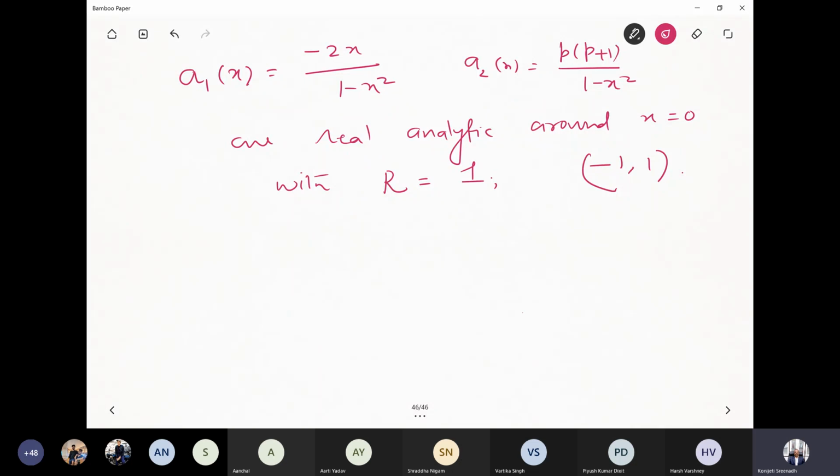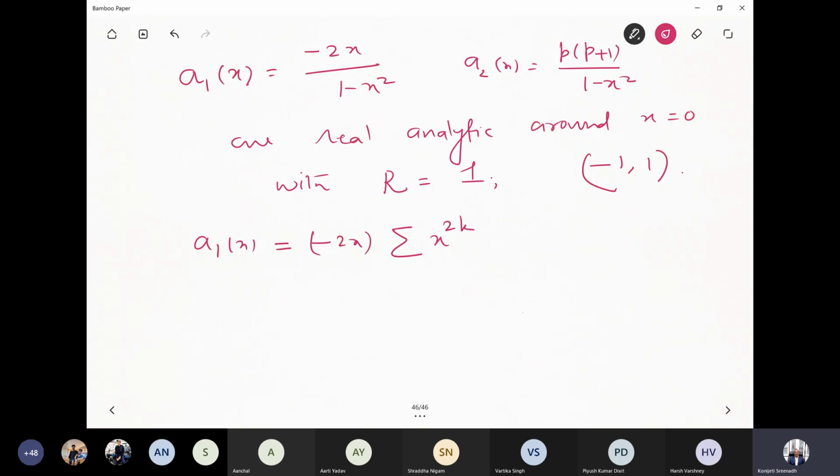Right. So if you write this equation, you can write what a1(x) is going to be. a1(x) is minus 2x times the series in the form of x power 2k. This is basically 1 upon 1 minus t, which is going to be 1 plus t plus t square, like that.